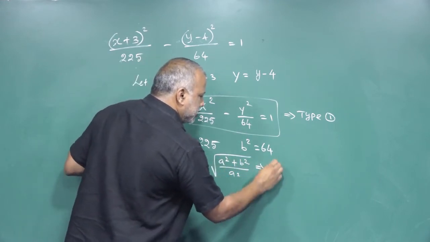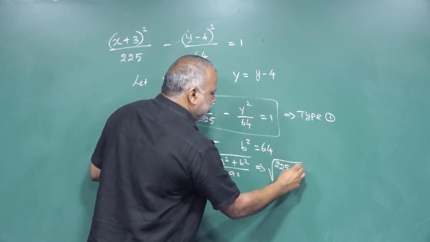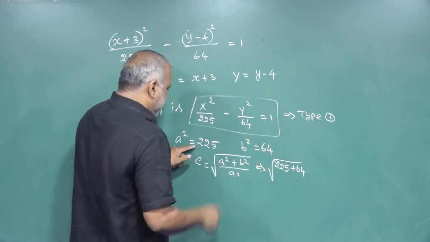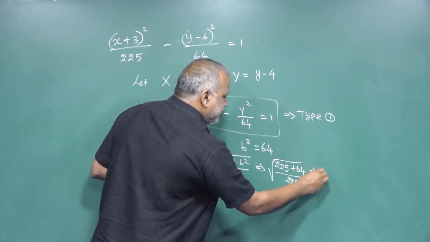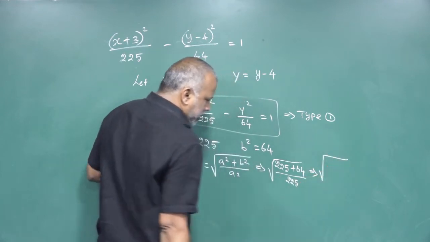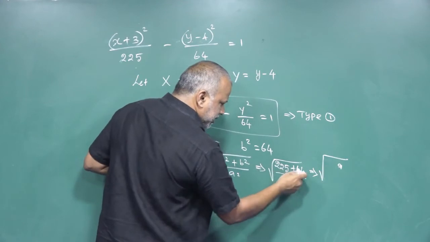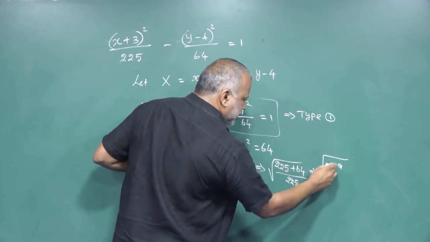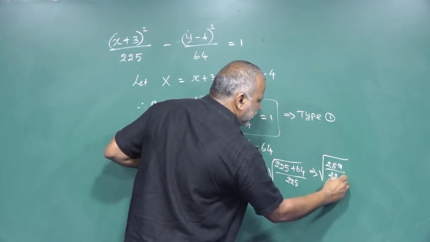Substitute here: square root of (225 plus 64) divided by 225. So that means we get square root of 289 divided by 225.